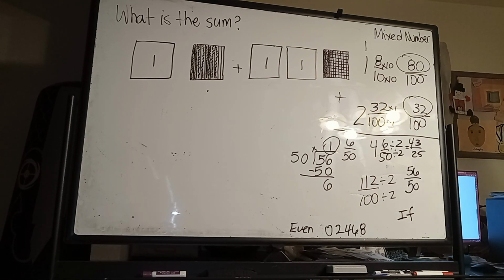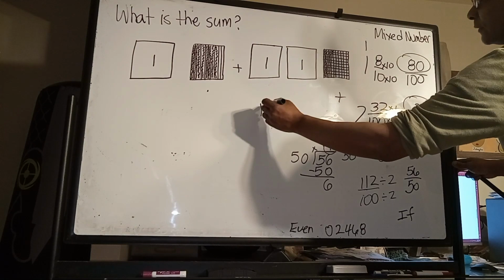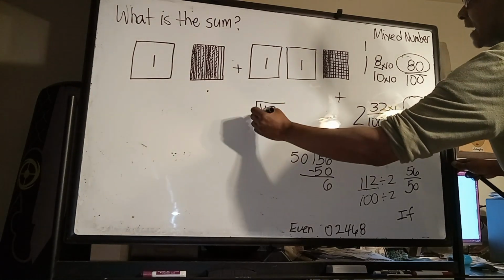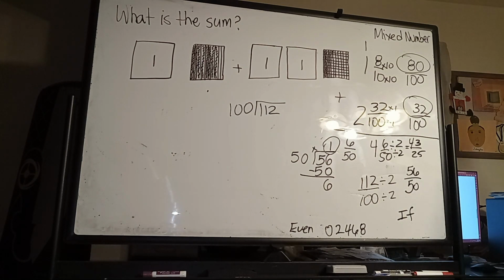112 over 100, instead of stopping there or going there and doing what I did and dividing by 2, another correct way could be this is automatically an improper fraction. So what we would do with that is we would take the 112, we would put that inside of our house with our hundreds on the outside.